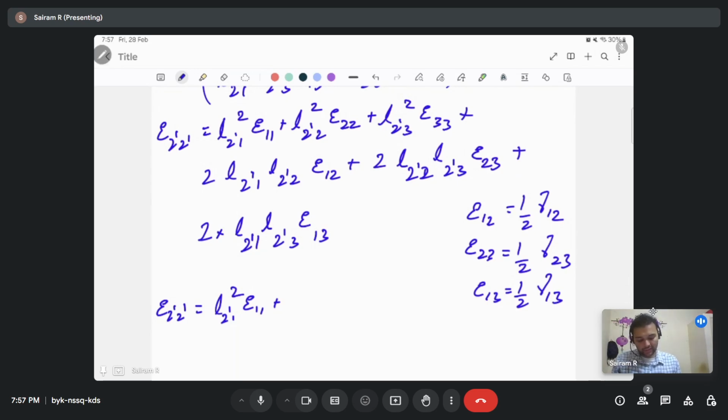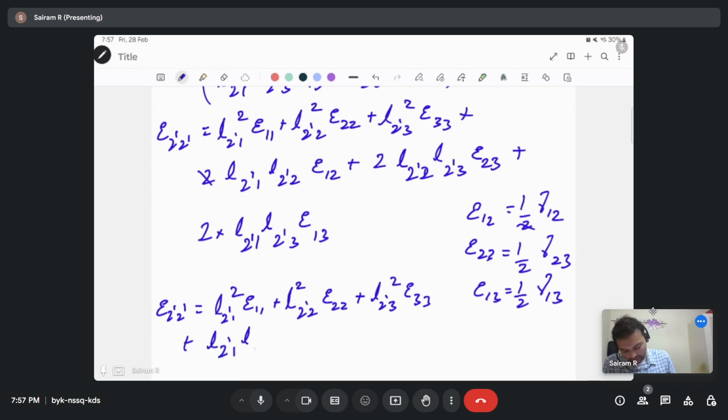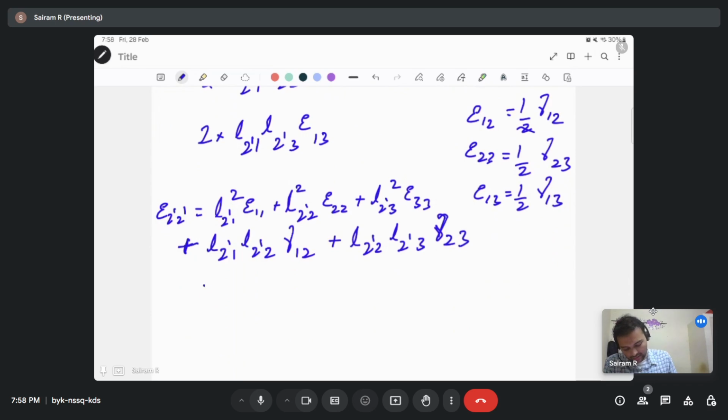When I replace epsilon 12 with gamma 12, the 2 gets cancelled and we finally have just the gamma terms: plus L2'1 L2'2 gamma 12 plus L2'2 L2'3 gamma 23 plus L2'1 L2'3 gamma 13.